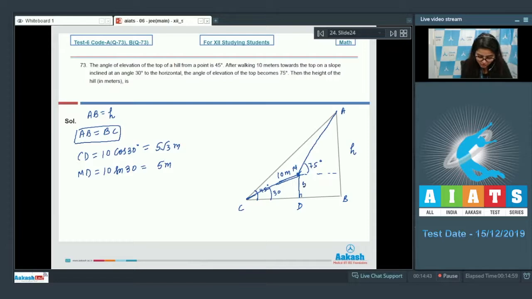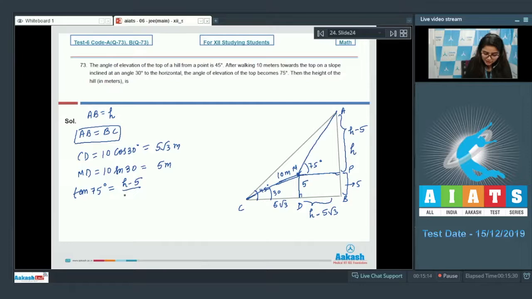So this length is your 5 and this length is your 5 root 3. So length BD is equal to H minus 5 root 3, and this length is 5, so this remaining length is H minus 5. Now in this triangle AMP, tan 75 degrees is equal to (H minus 5) divided by (H minus 5 root 3).